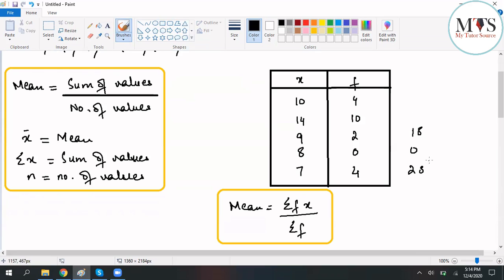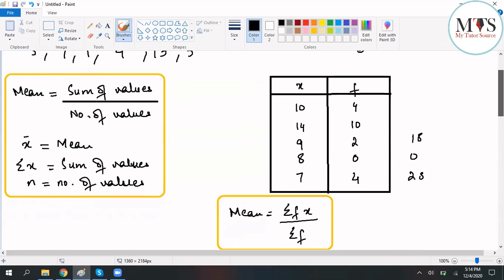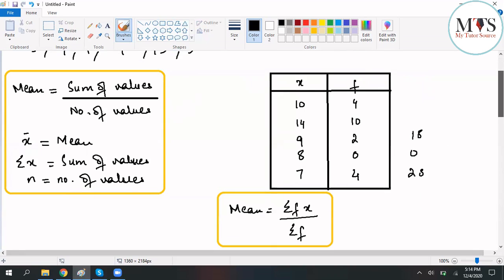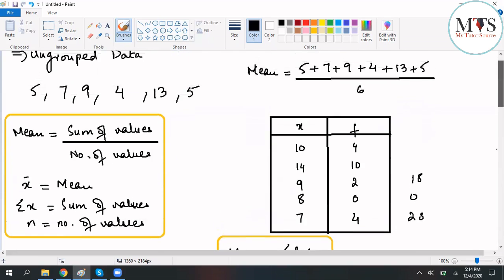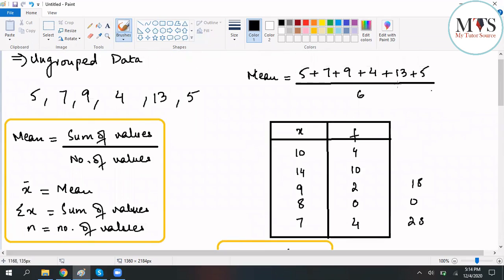Wait, so it's different from the ungrouped data. Wait, it is ungrouped data, but it's different from a list of numbers. Exactly. Because in that case, just 5 was being repeated.